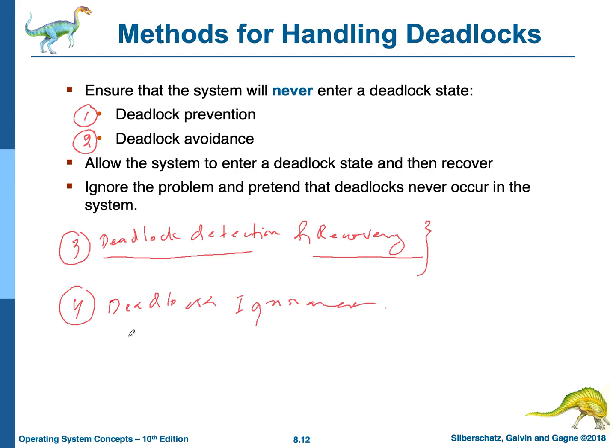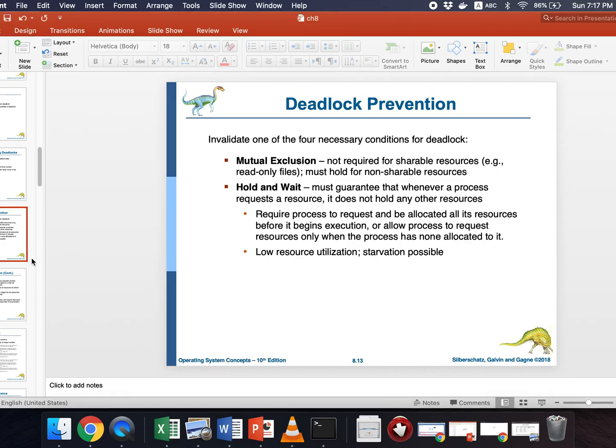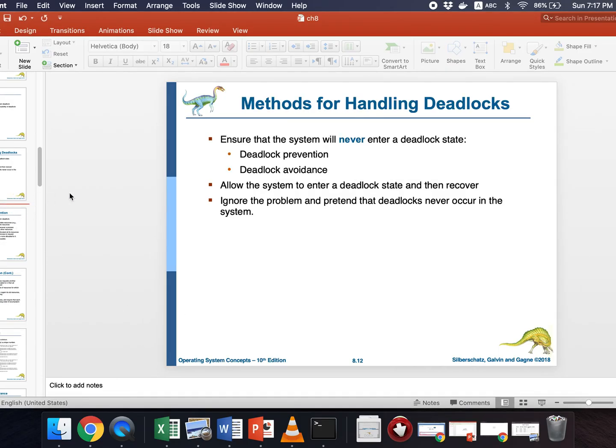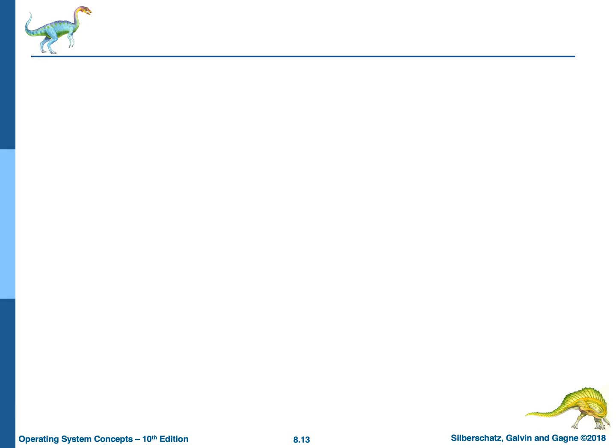Now next slide we will see more. I will insert a new slide here to actually show you. Now deadlock handling, we will see these 4 types.